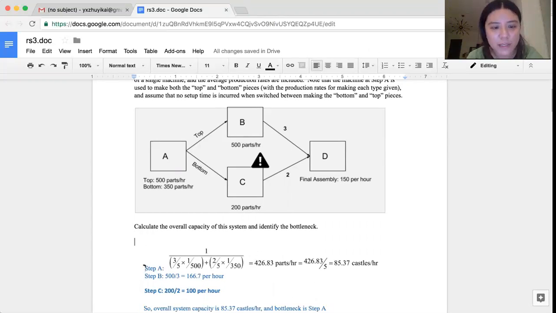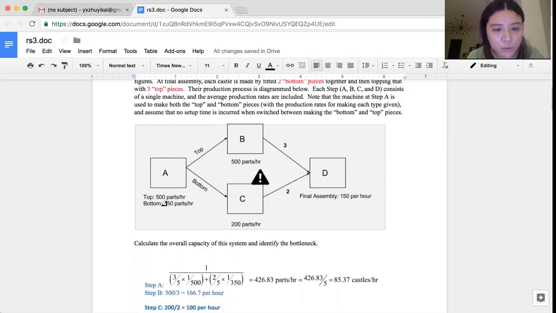So for step A, the formula to calculate the capacity of step A is given here. However, what is the whole big thing? We know first to calculate the capacity of a mixed step. So we need to first calculate the weighted average processing time.